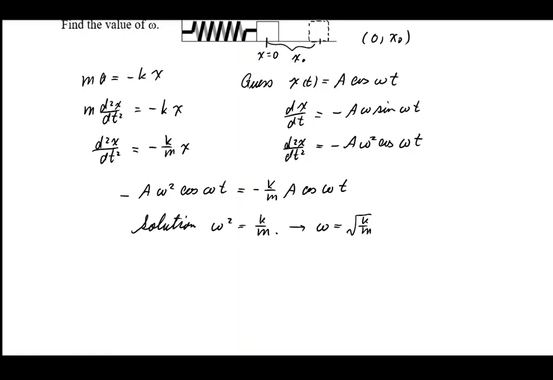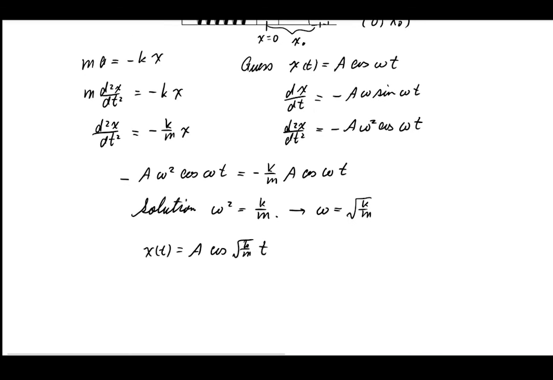And this is precisely what your physics book tells you. So x, as a function of t, is equal to some still unknown constant a, times cosine of the square root of k over m t. Now, how do we figure out a? Well, we apply the initial condition, which is 0 and x naught, and substitute it here. So this side becomes x naught.